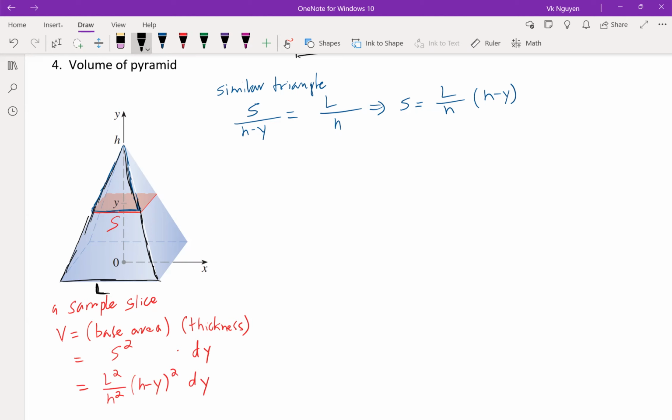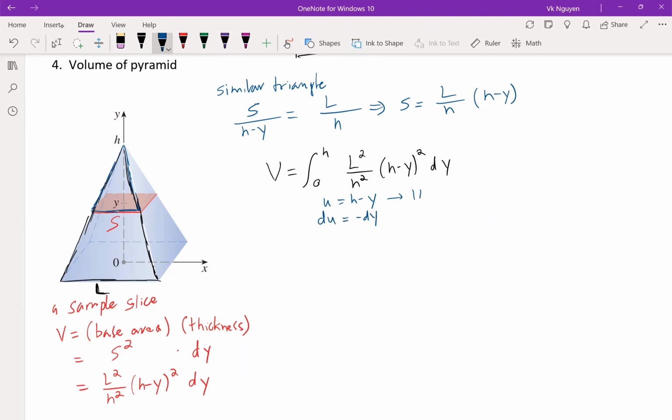Yay! We have volume of a sample slice. To figure the volume of the pyramid, we just add them up. And that is the integral from 0 to h of L squared over h squared, h minus y squared dy. Okay. Similarly, use the u sub. u is h minus y. du is negative dy.